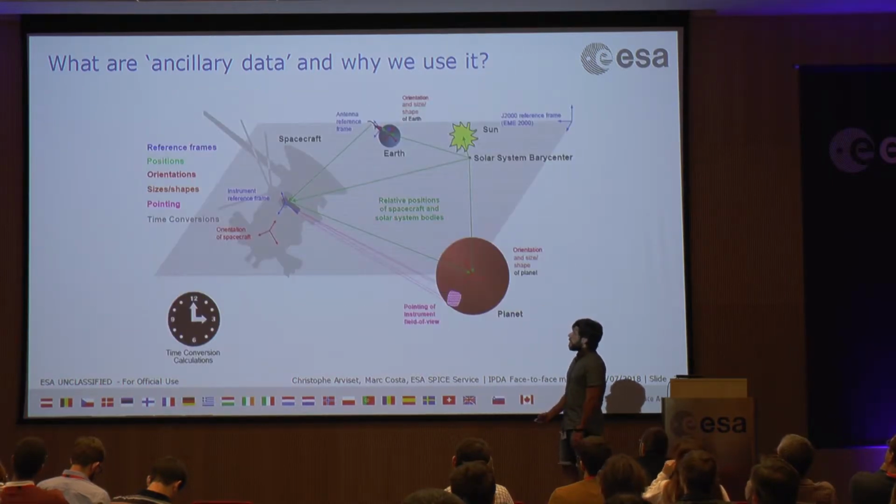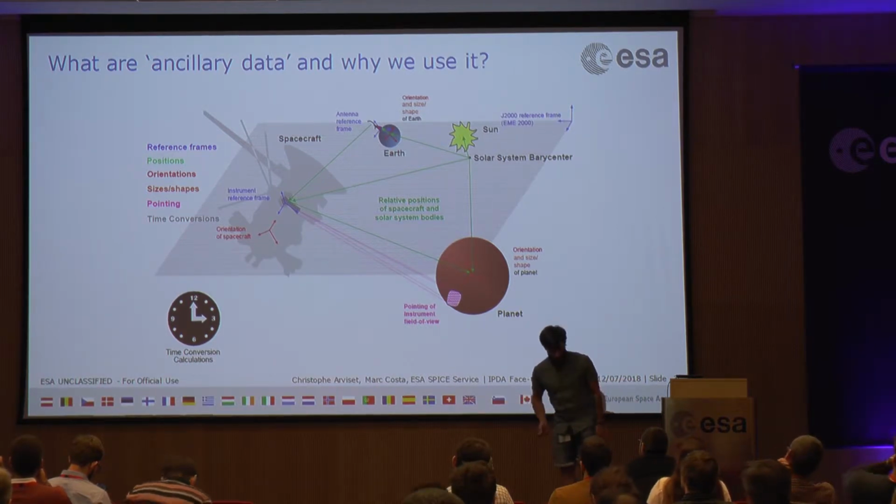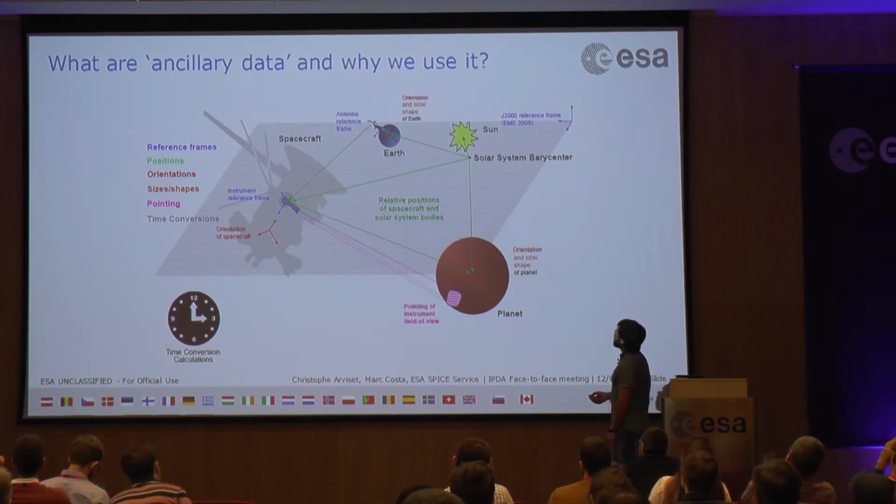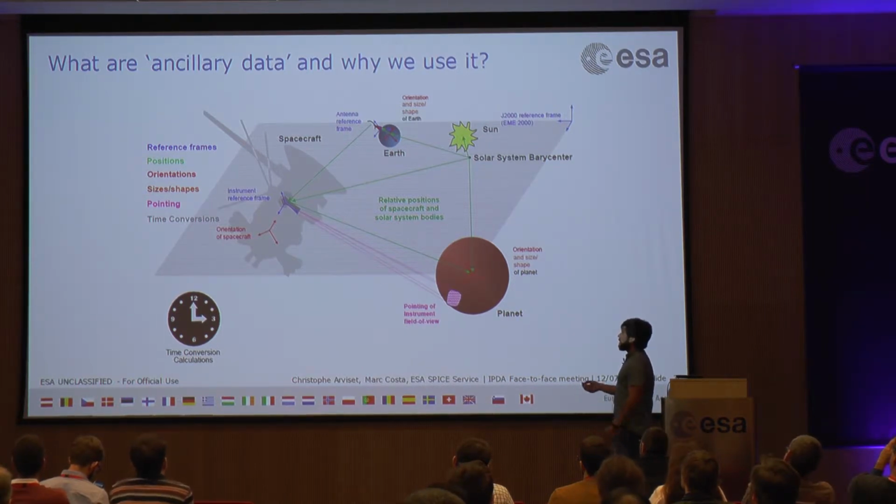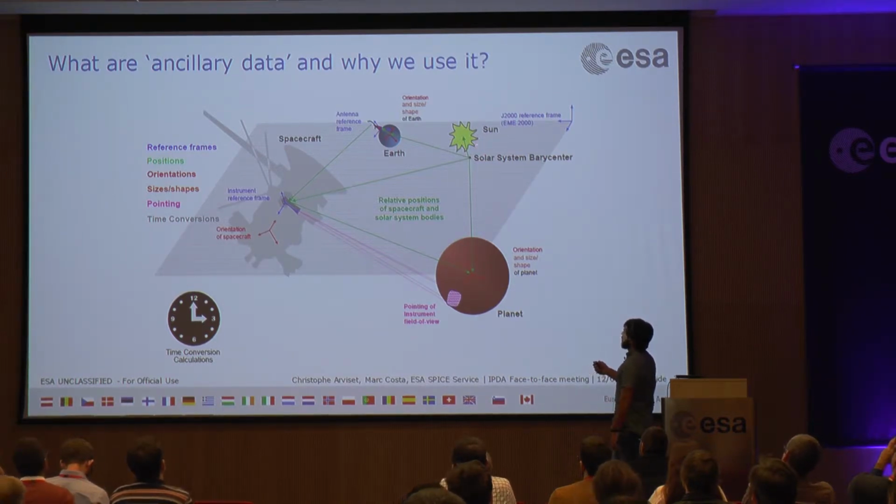Now, when we build up, so to speak, an ancillary data framework, we end up having something like this. This is an infamous sketch in which you can see the space and some objects. We've got the Sun, we've got the position with respect to the solar system barycenter of different bodies.